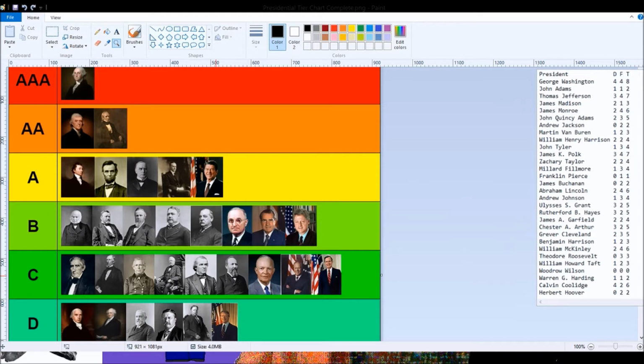So, next on the list, we have John Quincy Adams. John Quincy Adams was the Secretary of State under James Monroe, and as I've mentioned earlier, he's been an important diplomat for the United States for quite some time, from the time of George Washington until the time of his own election.